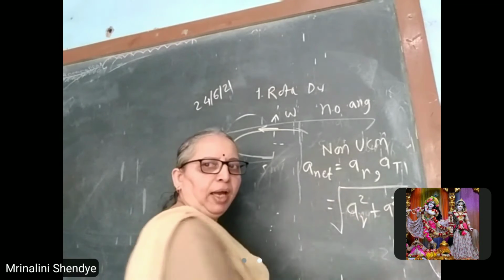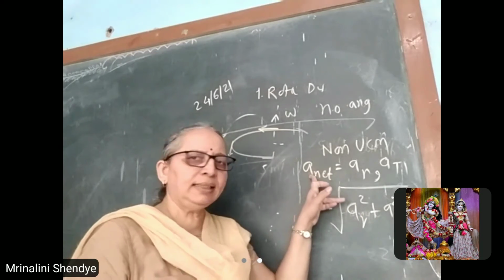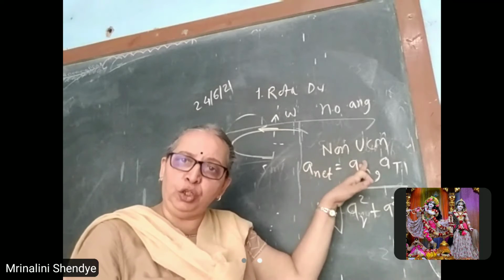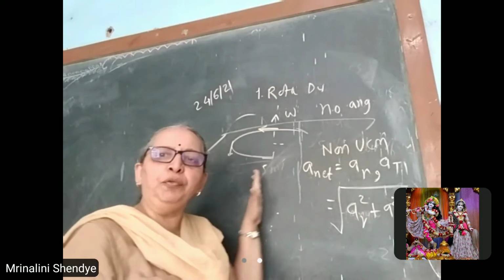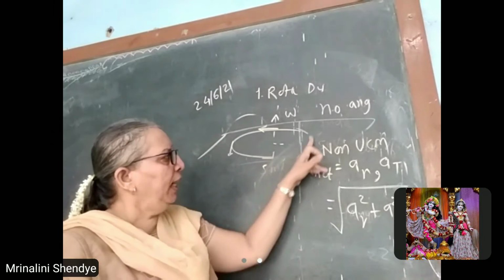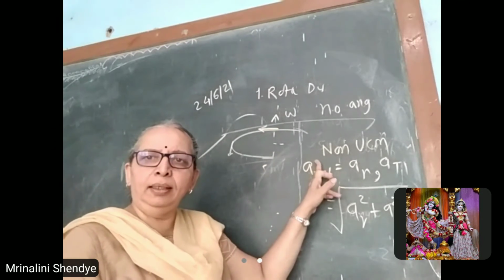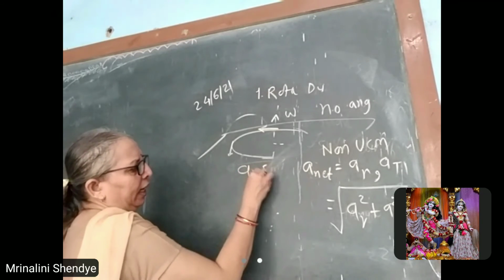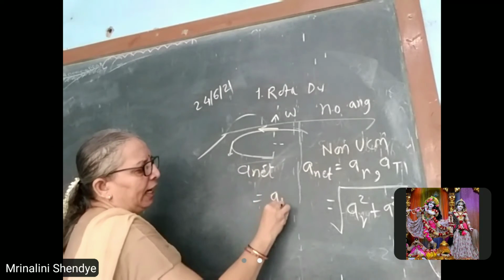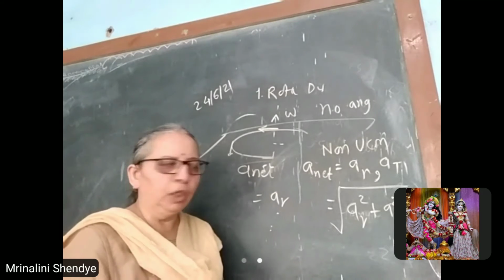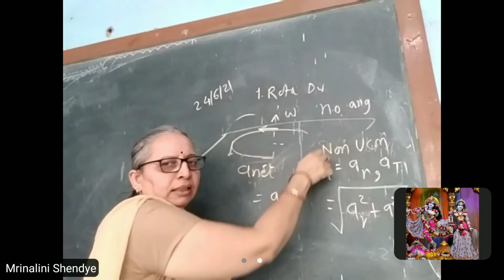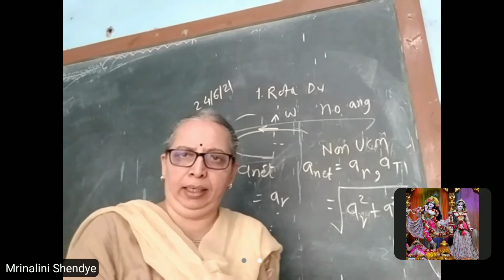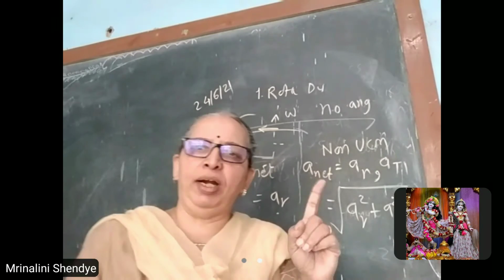So this is the net acceleration present in non-uniform motion. While in uniform circular motion, speed being constant, the net acceleration is only the radial acceleration due to the change in direction of linear velocity. So remember these points well.